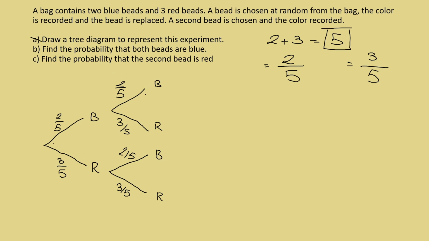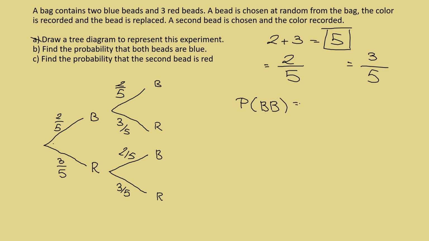Part B says find the probability that both beads are blue. Okay, so let's write this down. The probability, and then we open brackets, of the event happening. The event in this case is that both beads are blue. So we're going to write this down as blue, blue. So blue twice.